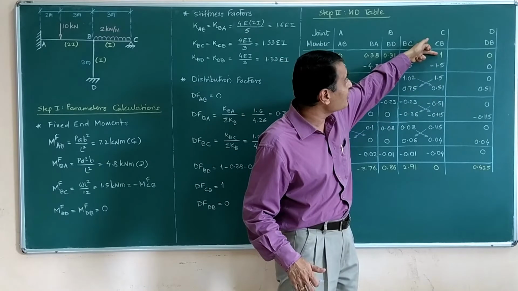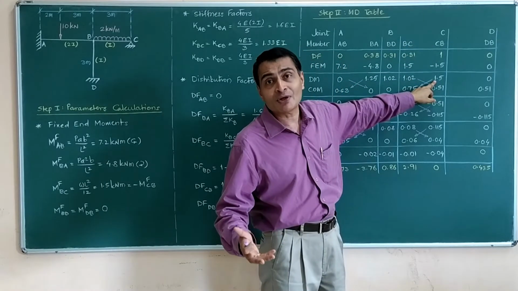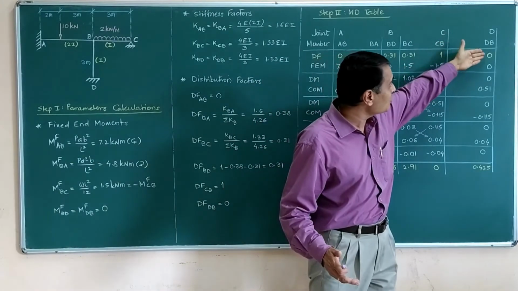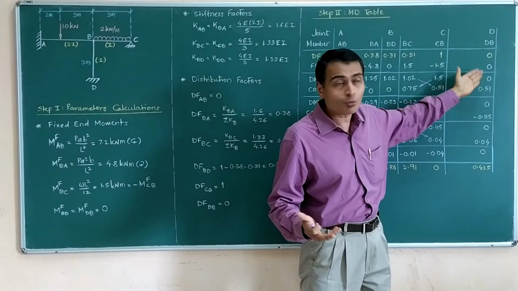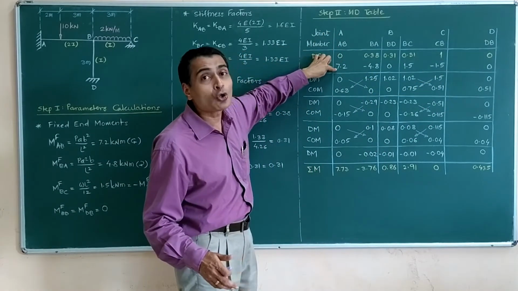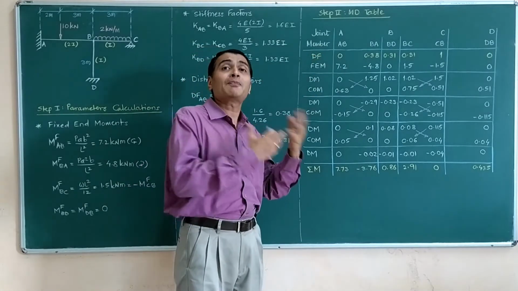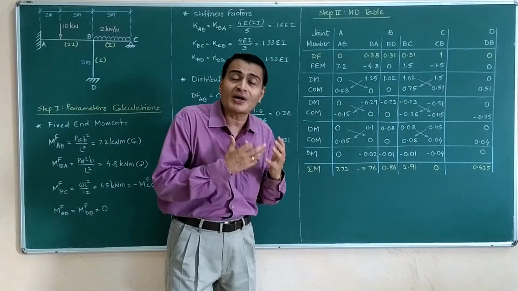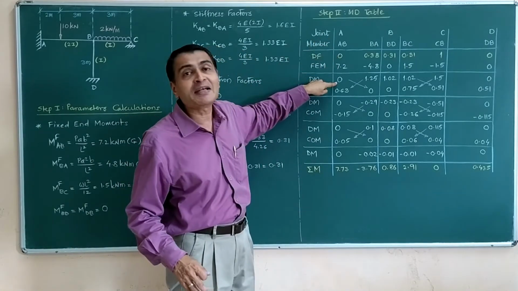Since the distribution factor is 1, 1.5 into 1, I am writing here 1.5. Here the distribution factor is 0, so whatever I multiply it with, it is going to be 0. Though I do have positive 7.2 moment here, if I apply negative 7.2 into 0, I am writing here 0.